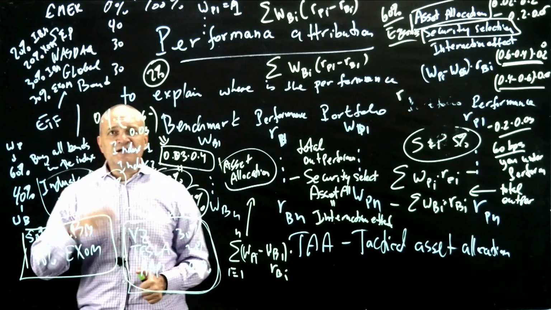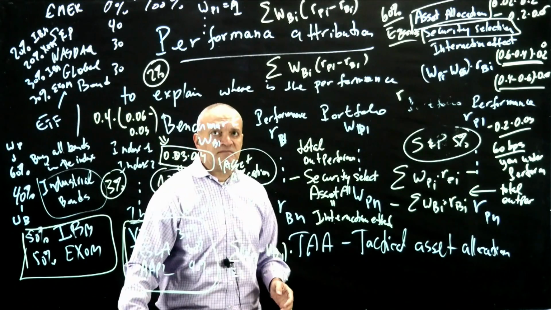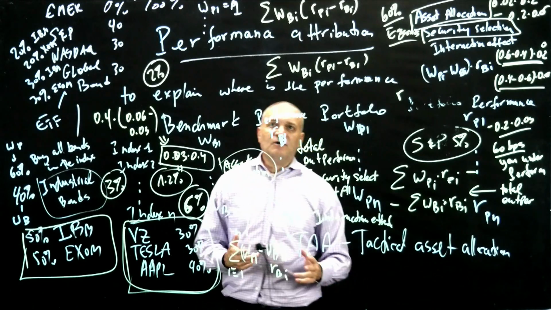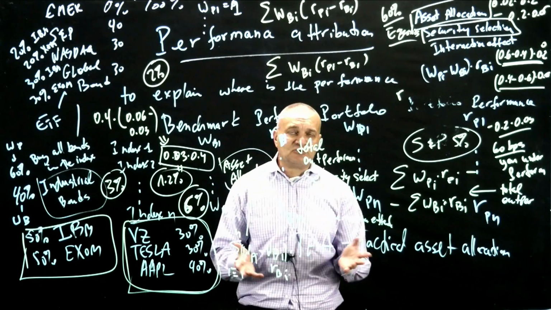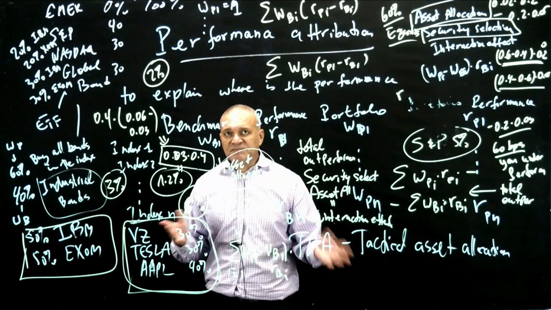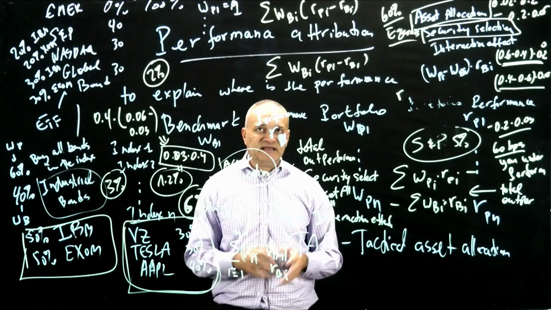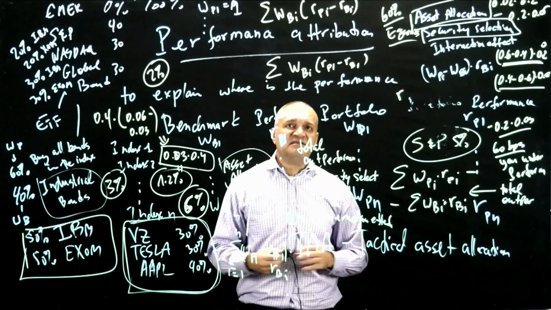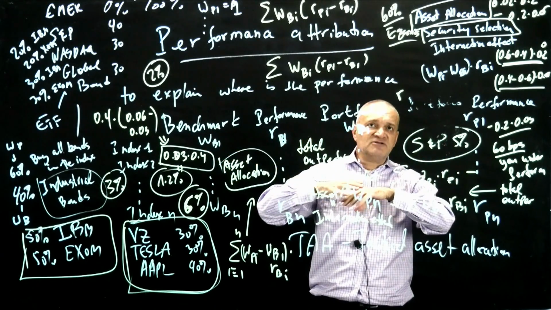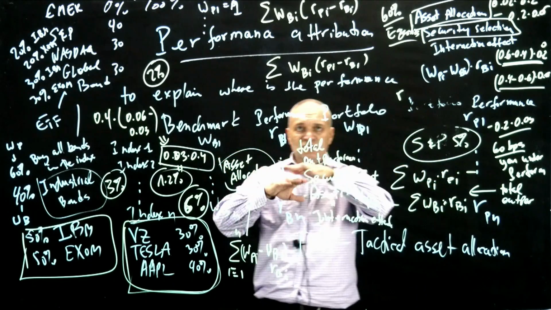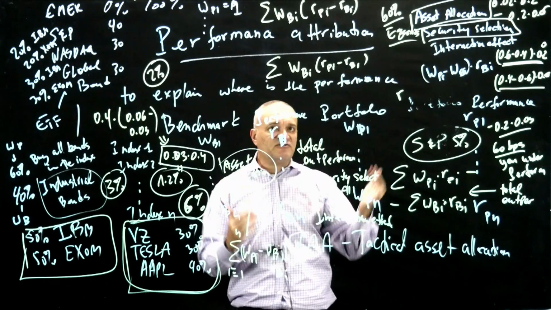In the fixed income world, we have something called factor attribution or factor outperformance, but maybe we will talk about this another time. The idea behind factor attribution is that instead of looking at stocks and sectors, you decompose your performance versus factors.